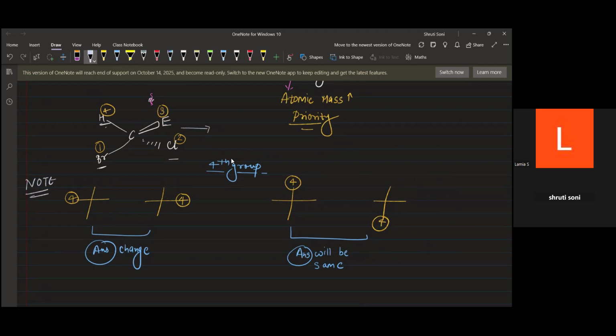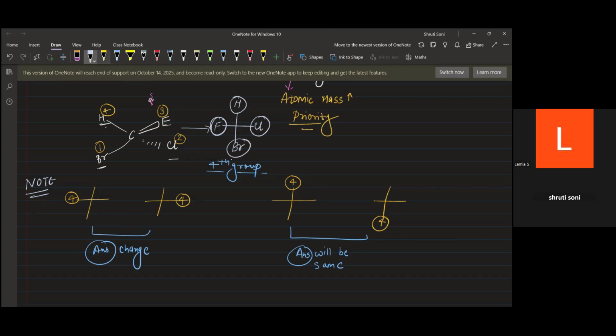So how will you change it? Tell me. Fluorine will come here, and in this position, chlorine. Yes or no? Do you remember I told you wedge on the left side, dash on the right side, and then hydrogen, and here is bromine.